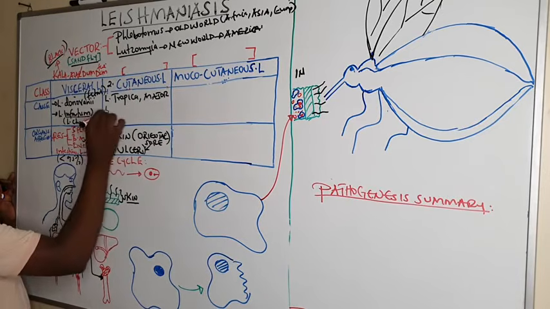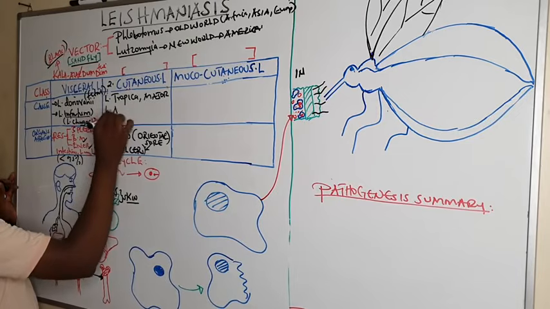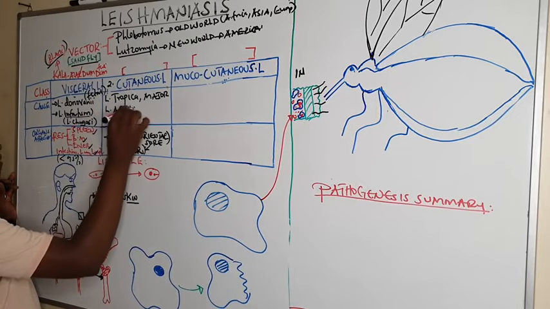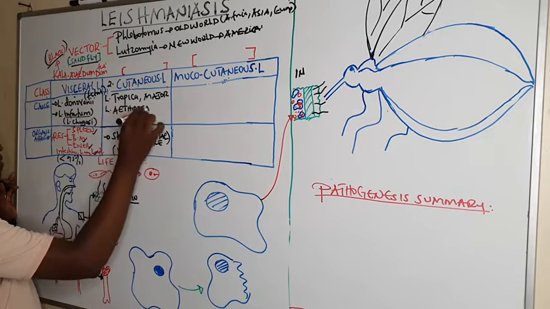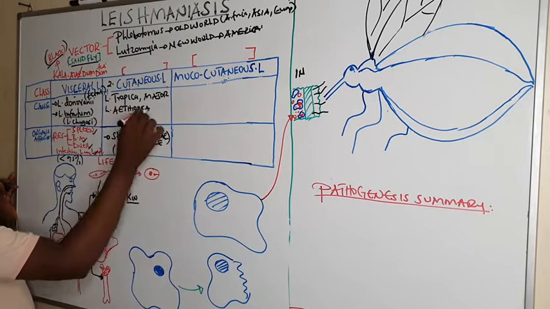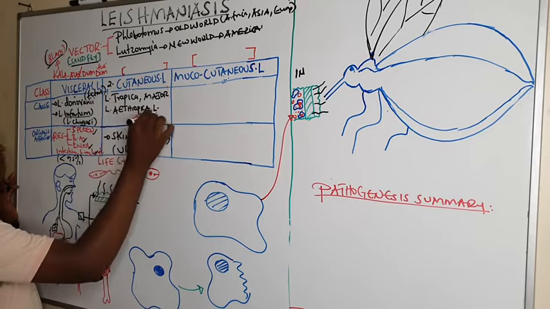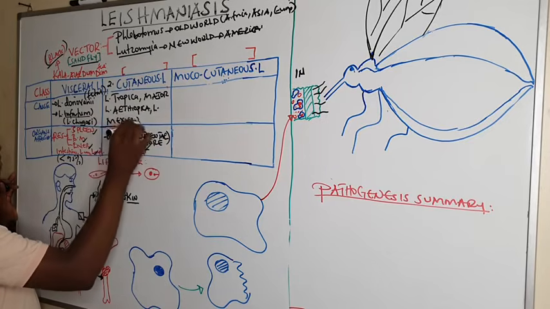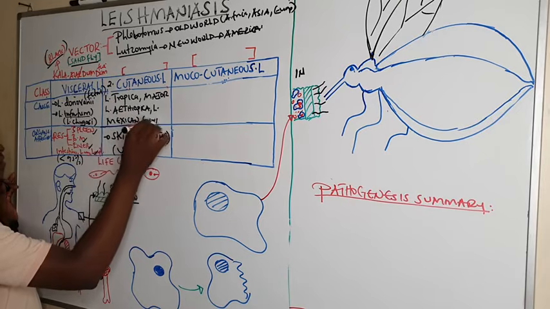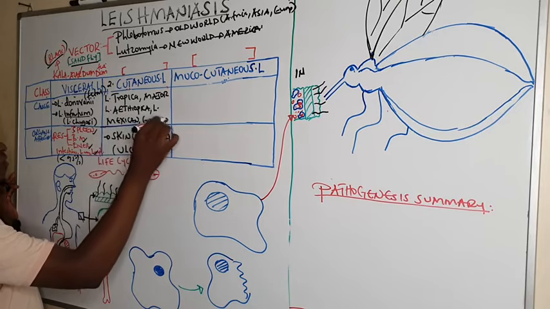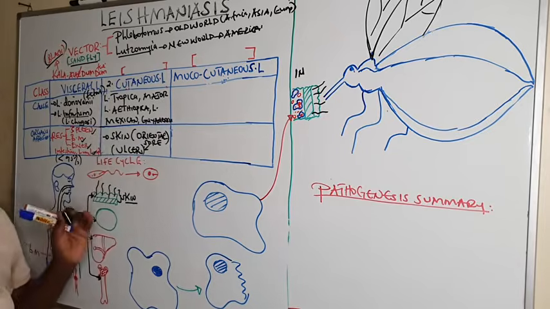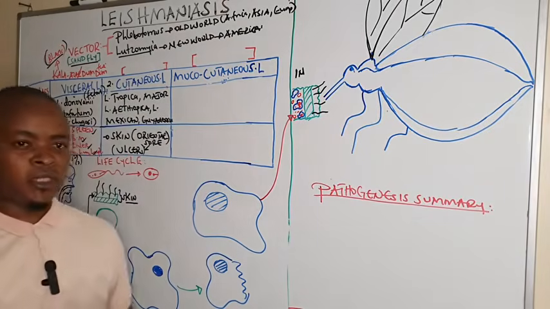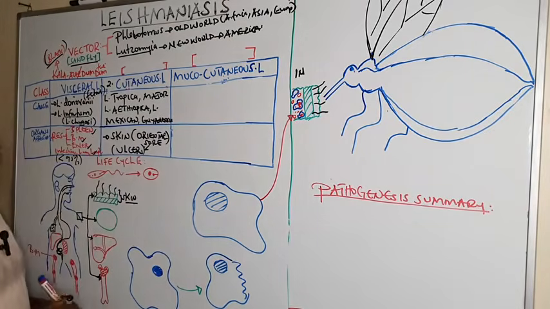We have Leishmania ethiopica, and sometimes we have Leishmania mexicana and guyanensis. So these are some of the species of Leishmania which are responsible for causing cutaneous leishmaniasis.